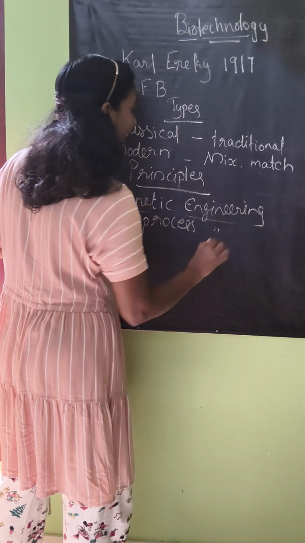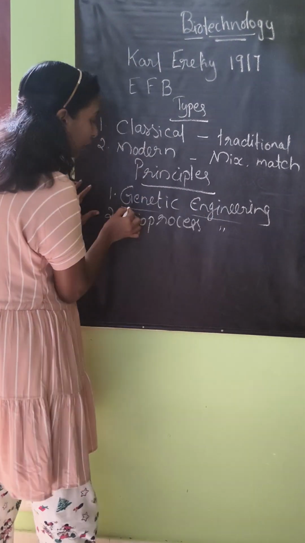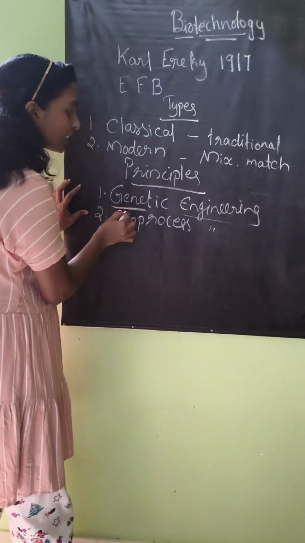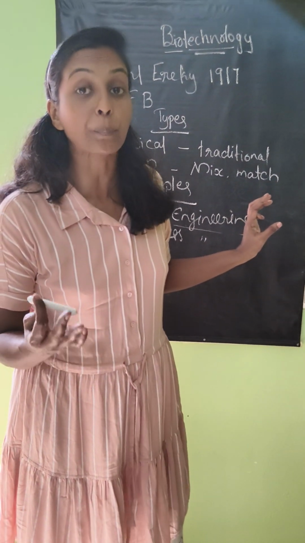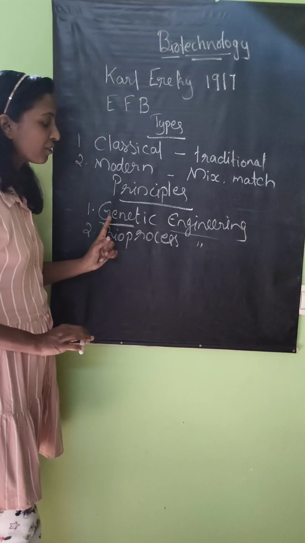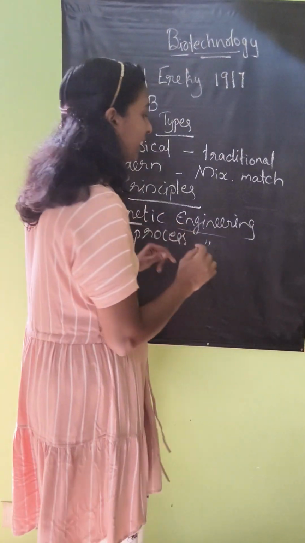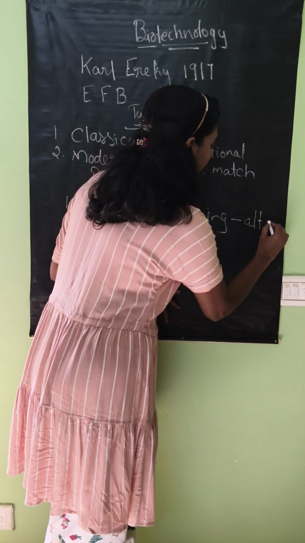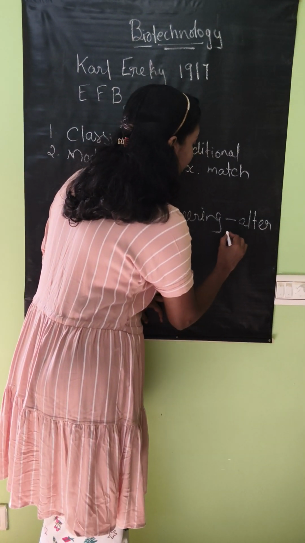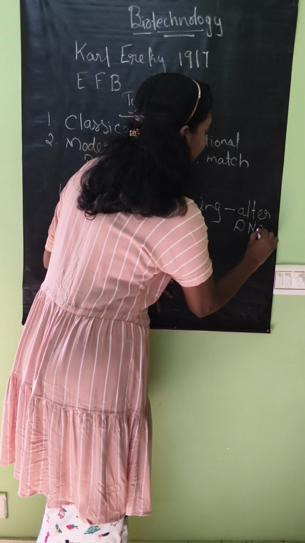What is genetic engineering? From the word you can understand it is engineering with a gene. People produce different products with the help of genes, and that is genetic engineering. It is the process used to alter the genetic material of an organism, that is DNA.